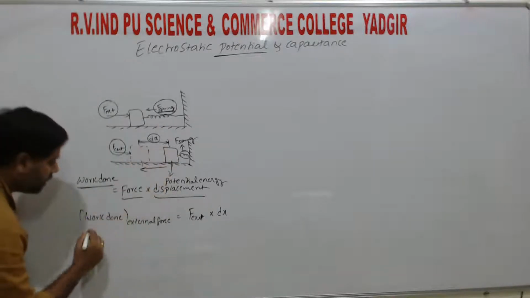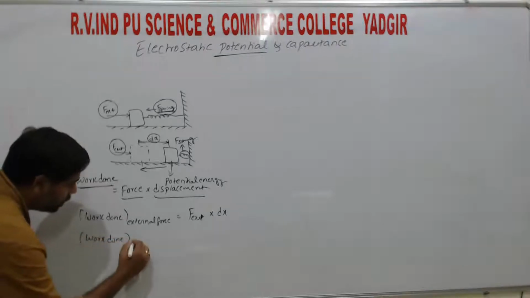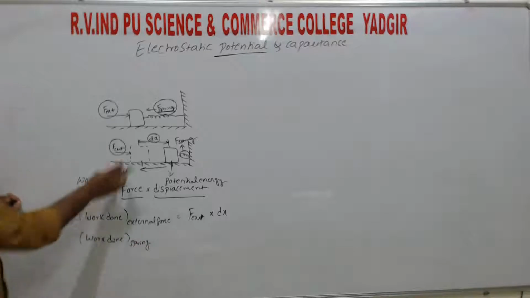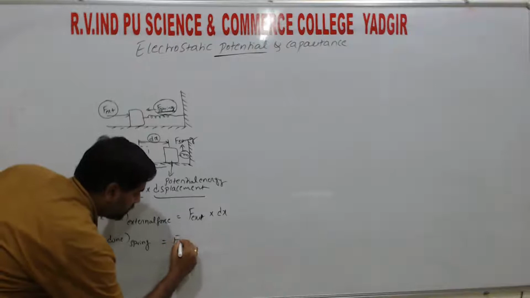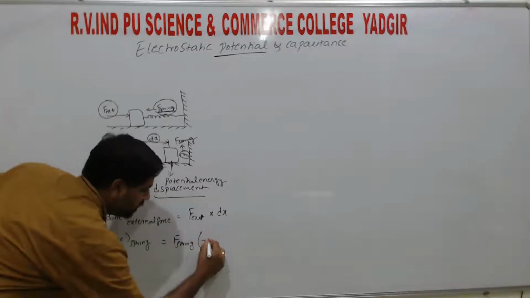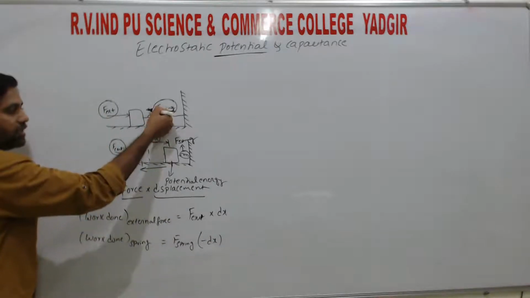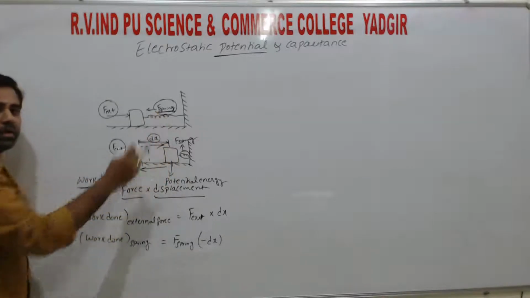That work is the work done due to the spring, right? Here due to this spring force, the force is F spring, but the displacement is minus dx. The force of the spring is in this direction, but the displacement is opposite to the direction of the spring force.